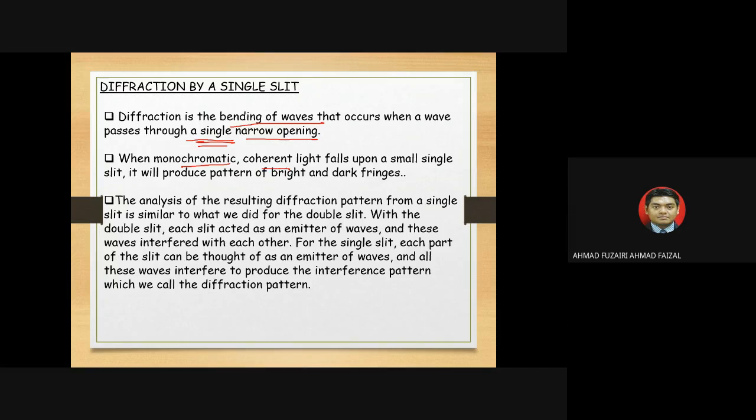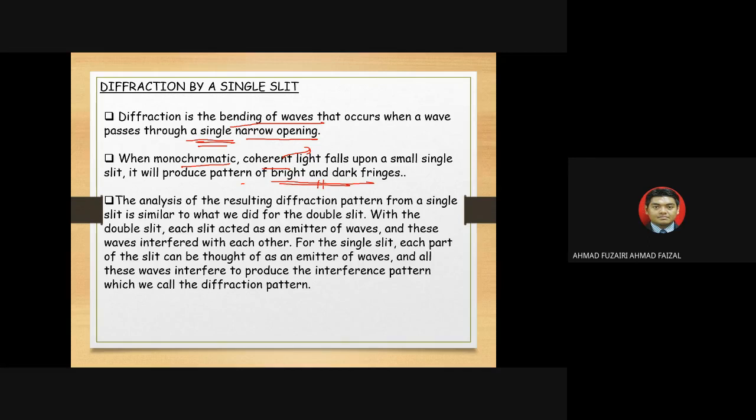Monochromatic means it comes from the same source, and coherent means in phase. When light falls upon a single slit, it will produce a pattern of bright and dark fringes. For diffraction of a single slit, it still gives you bright and dark fringes. So both interference and diffraction give you bright and dark fringes.